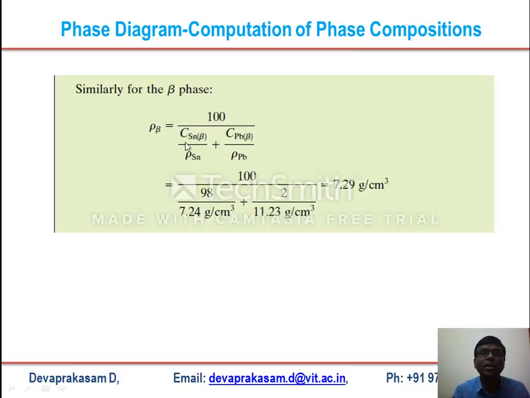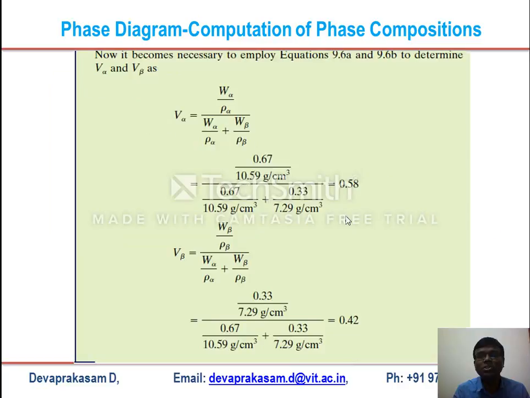You have the composition of the tin and the lead in the beta phase, 98 of tin and 2 of lead, that is the weight fraction. You divide by the corresponding density, and you will get the density of the beta phase as 7.29 gram per centimeter cube.